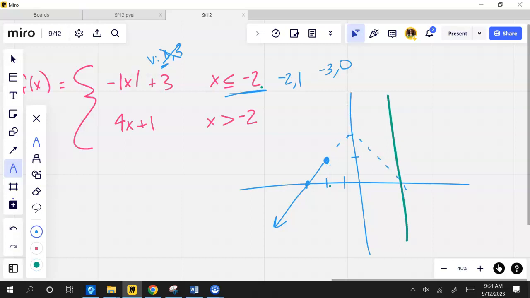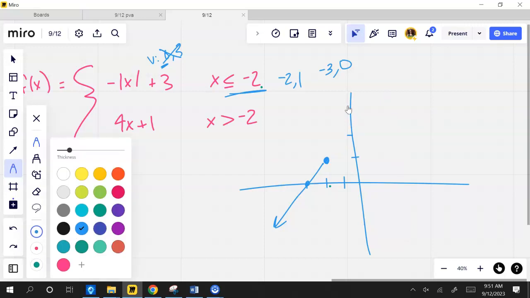Right. It could be. Yes. Yeah, I will. All right, let me finish this one and then we'll move to the next one.